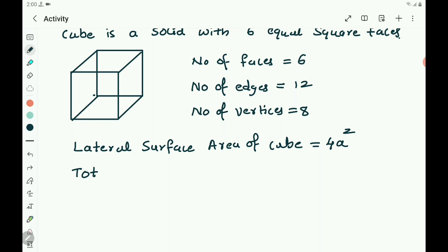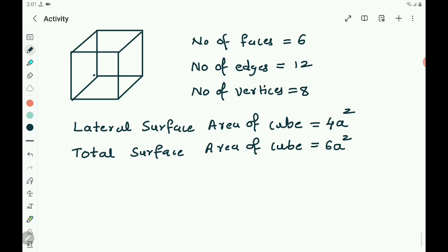Then total surface area of cube. Six faces are there. Each face is square shaped. So 6a square. If you take the edge of the cube as a, then volume of the cube equals a cube.